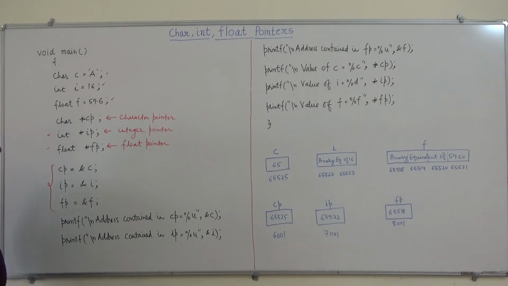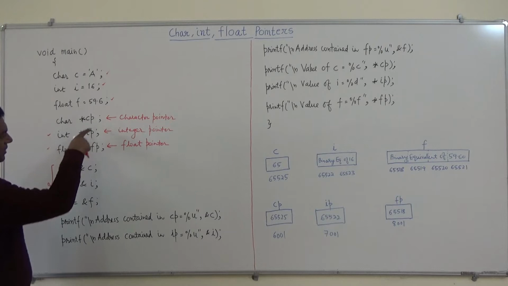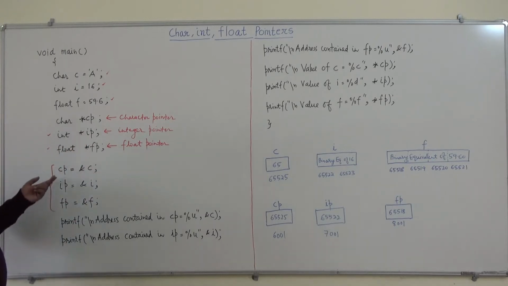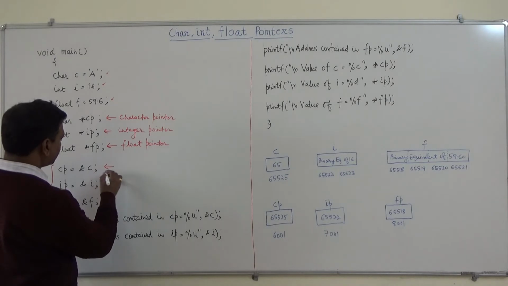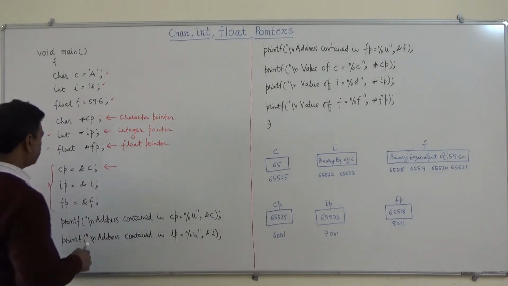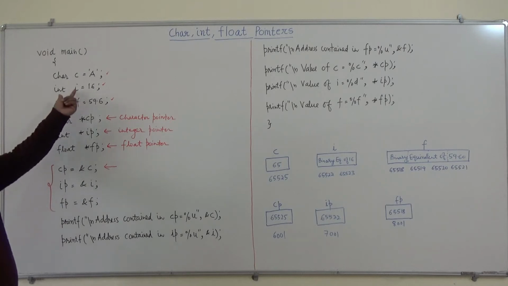Now here further we have taken these three pointer variables, that is CP, IP and FP. So CP will hold the address of C. So we can write here CP equals to ampersand C. It means it will hold the address of the character, that is C. And then IP equals to ampersand I. It means this integer pointer will hold the address of this particular variable, and its value is 16.